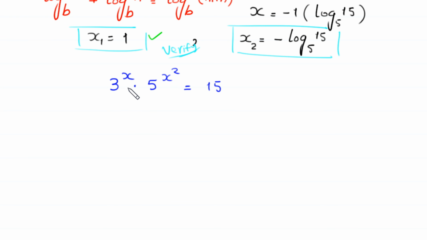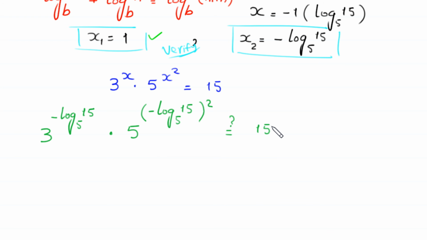We verify this value of x, negative log base 5 of 15. So this equation will become 3 to the power negative log base 5 of 15 times 5 to the power negative log base 5 of 15 squared, is it equal to 15?